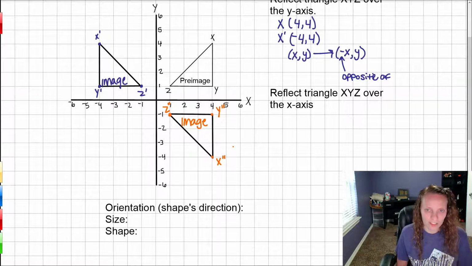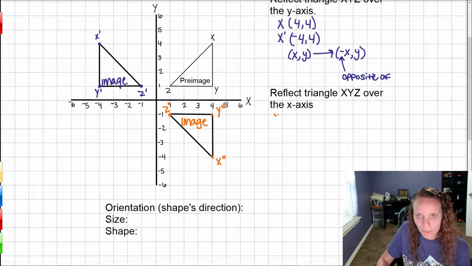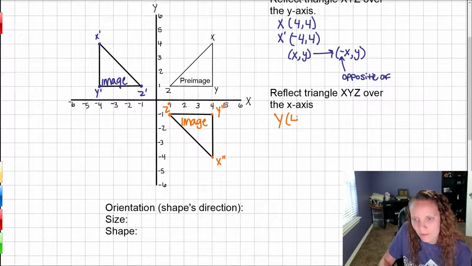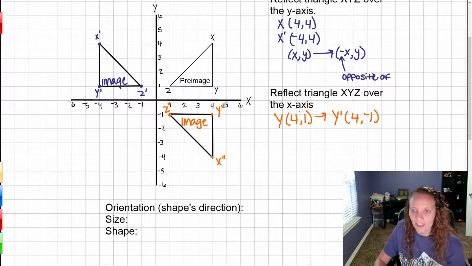Alright, so we've reflected over the x-axis, we have our image, and so let's just compare the point y and y prime. So y started out at 4, 1, and then it ended up going to y prime, which is now at 4, negative 1. If you notice, something did change. Now the 4 actually stayed the same.